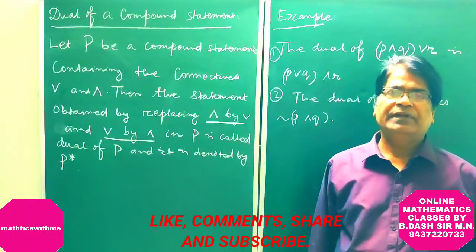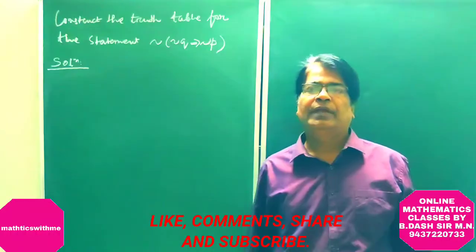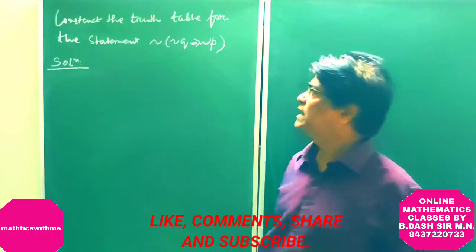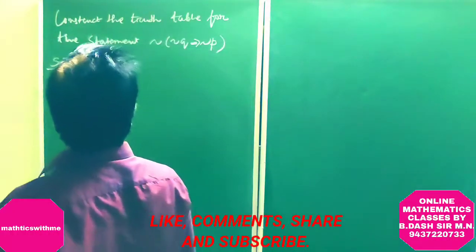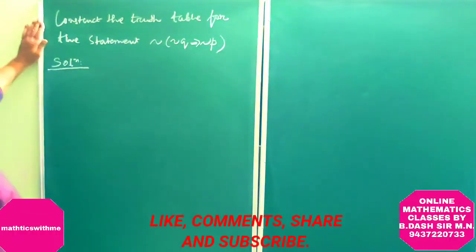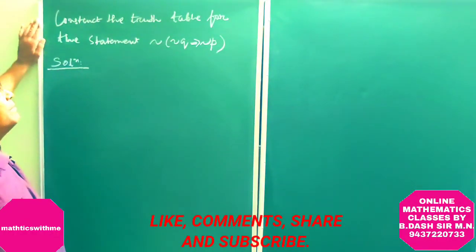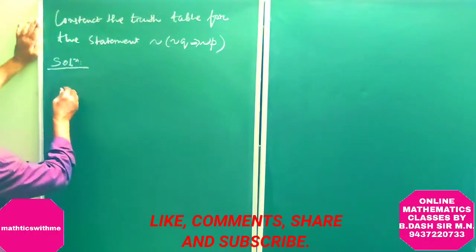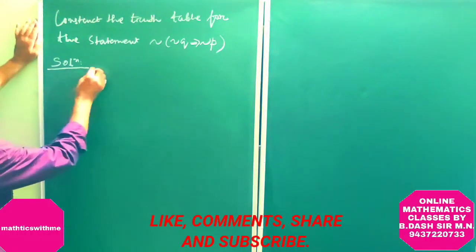Now let us proceed for the next topic. Our next question is, construct the truth table for the statement negation of negation Q implies negation P. Now solution.